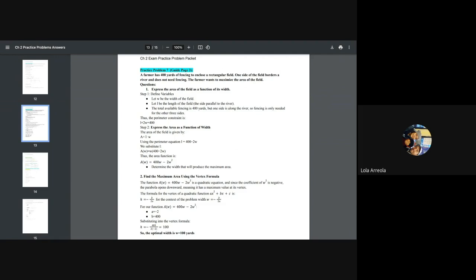Width is 50, and length is equal to 200 minus 2 times 50, which is 100. So I can do just 50 times 100, and I will get 5,000. Area equals 5,000. So that would actually be my max area.